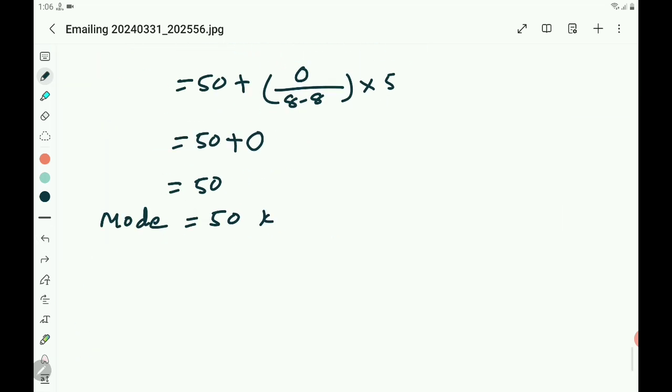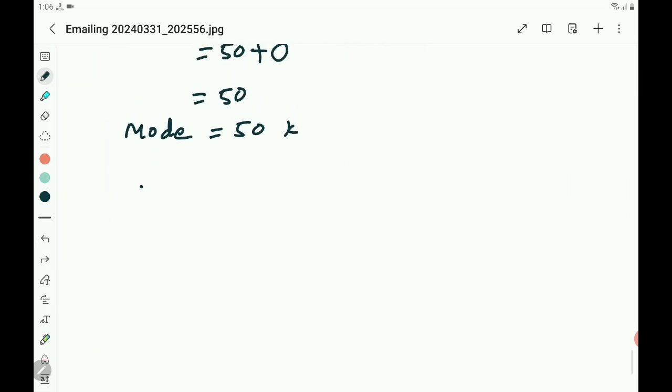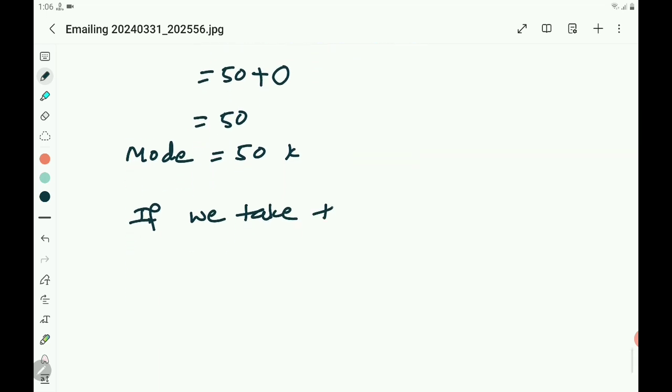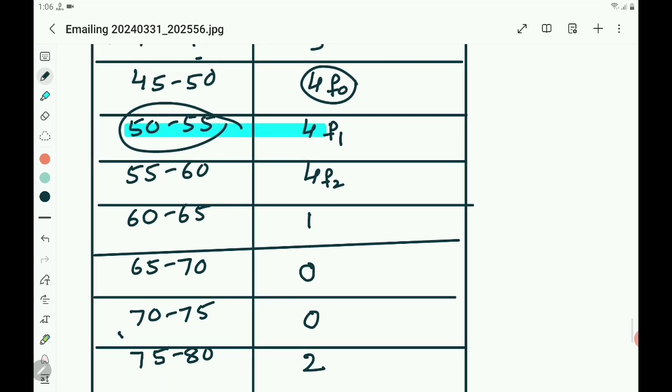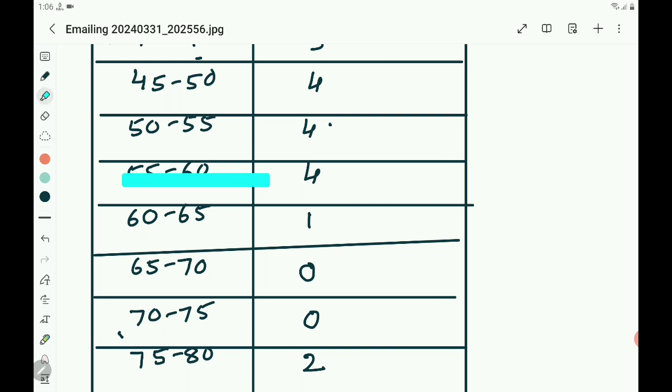Then you write, if we take the next class, which is the next class here, this one, let us take this one.